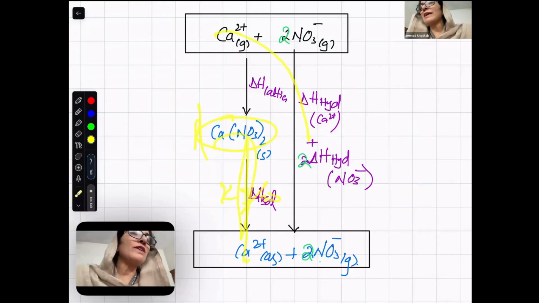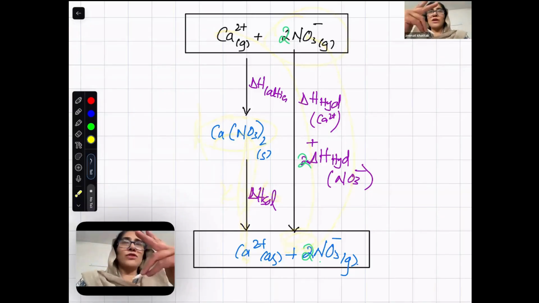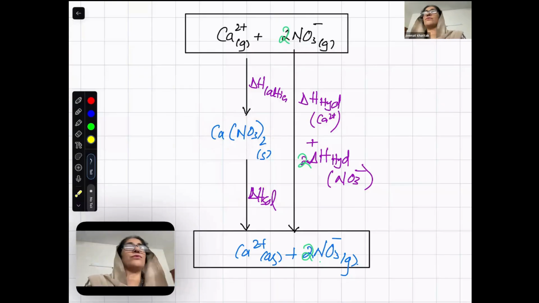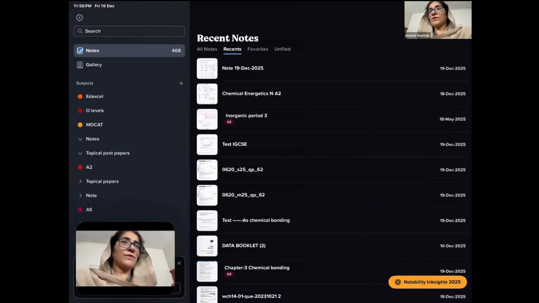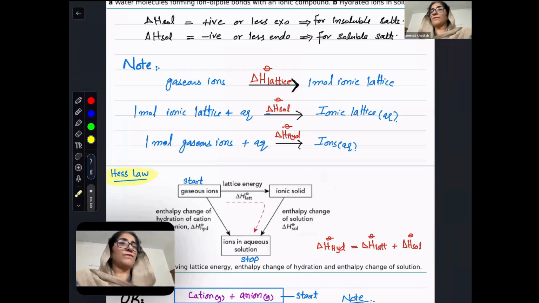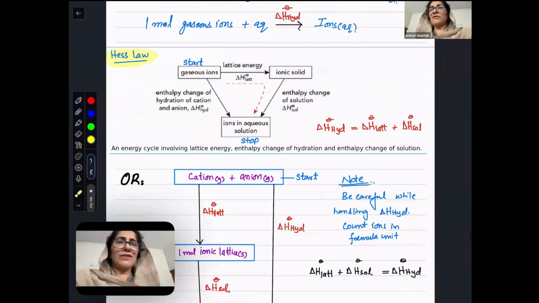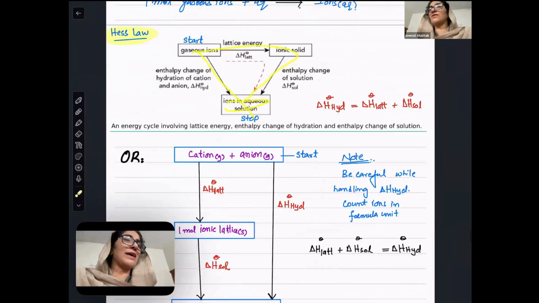Here it's per mole of the calcium ion, and for nitrate, since there are two nitrates, you have to use two times. It's the same explanation: gaseous to solid, aqueous, direct, and this way.